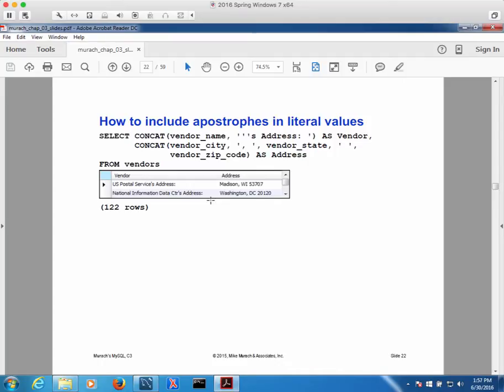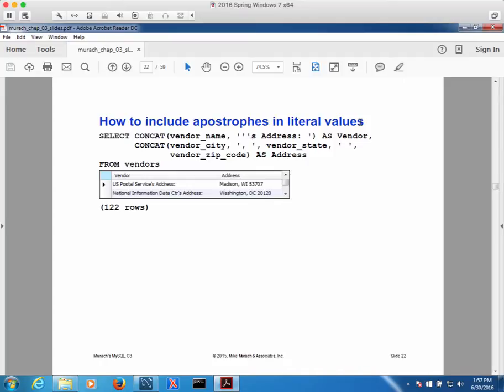Okay? So here's how we do it. We're going to have vendor name, and then we want to have apostrophe S. To get an apostrophe S, we have to code 3 apostrophes in a row. On the other hand, it might be possible for us to just put a single apostrophe inside of double quote marks, and that would have gotten the job done as well.